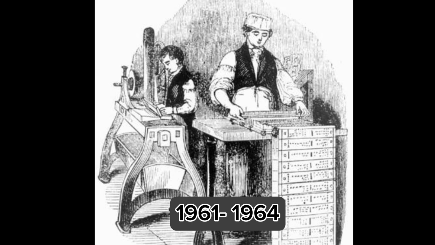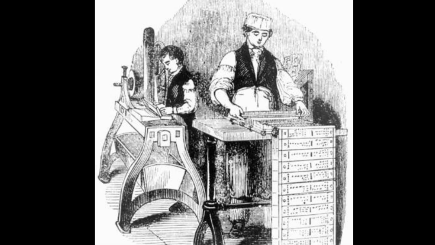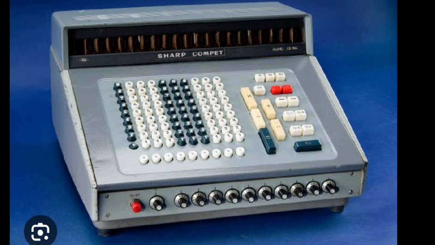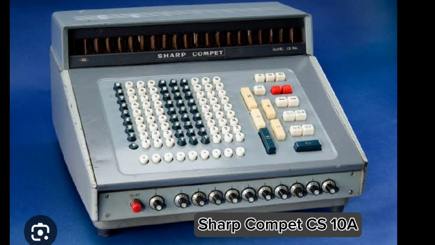Between 1961 and 1964, the first commercial transistor calculator was developed. It was made by the Sharp Company, and the calculator's name is the Sharp Compet CS10A. Only four years later, Sharp unleashed the first commercial electronic calculator designed exclusively for the desktop.